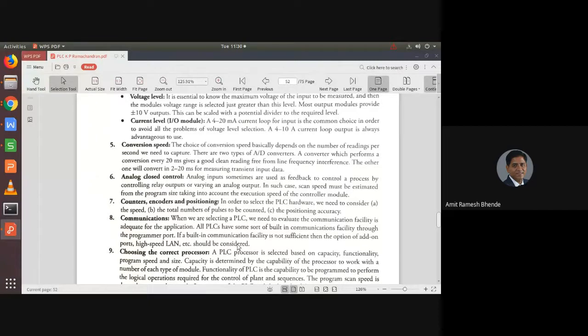For example, you may have parallel communication, you may have serial communication. So how many parallel ports are required? How many serial ports are required? So what kind of communication is happening within the PLC? All these things are required for selecting the PLC hardware. So communication is also a very important consideration for selecting PLCs.